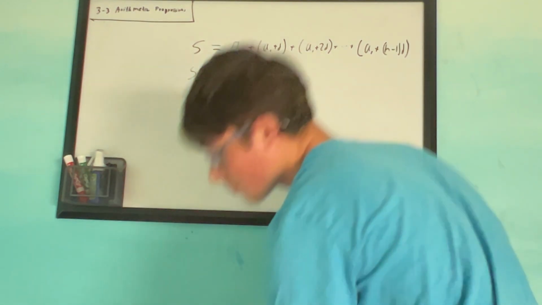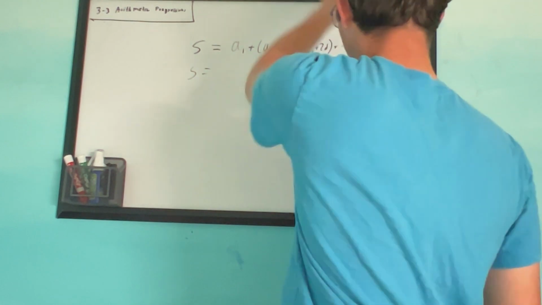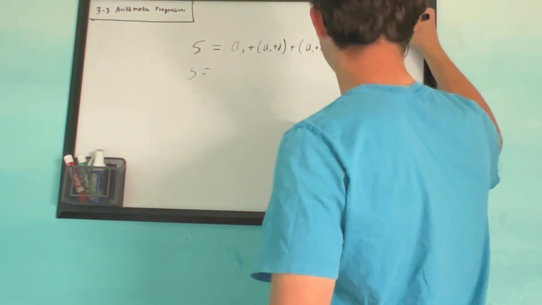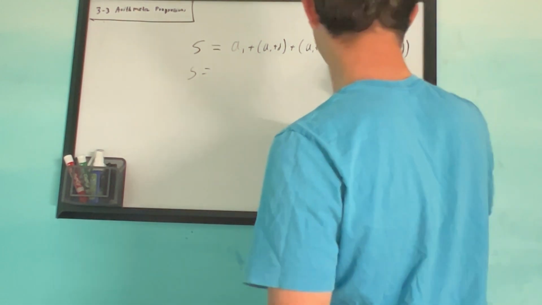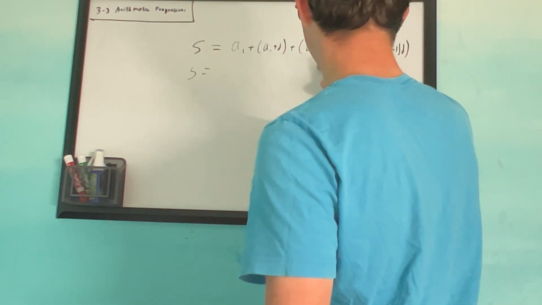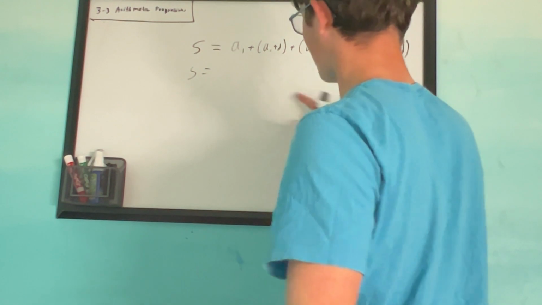Okay, so what we can do is flip all this around, because I think that this is also equal to a sub n, and then this would be a sub n minus some amount.